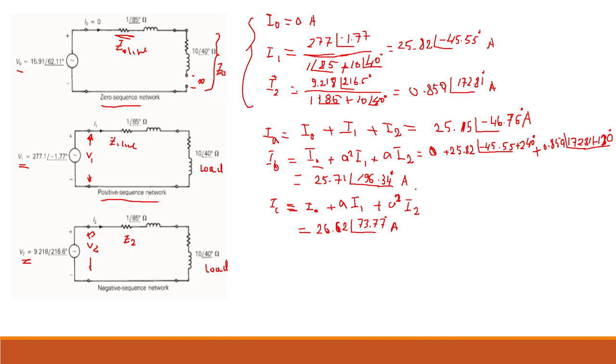So, as you know, we calculated the phase currents by two methods. The first method is by using the phase quantities, and the second method is by using the sequence quantities.